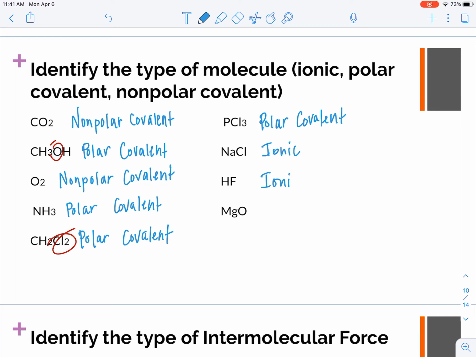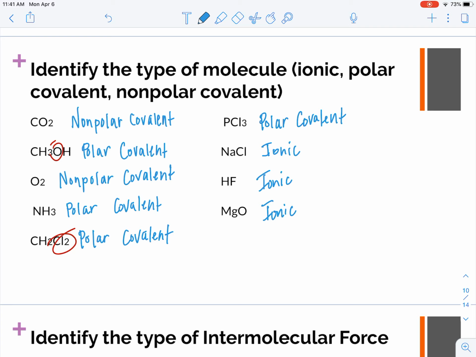All three of these. Oh, actually, my bad. Hydrogen fluoride is not. Yes, it is. Just kidding. It is. It's ionic, because the electronegativity difference is pretty great.